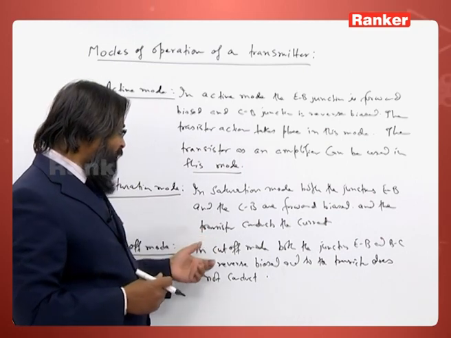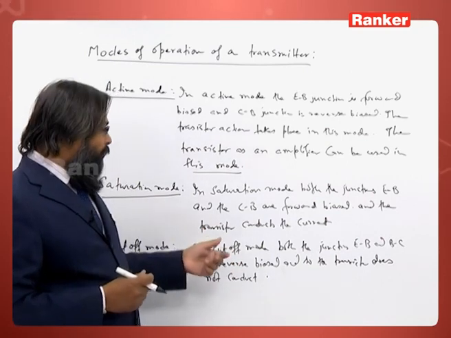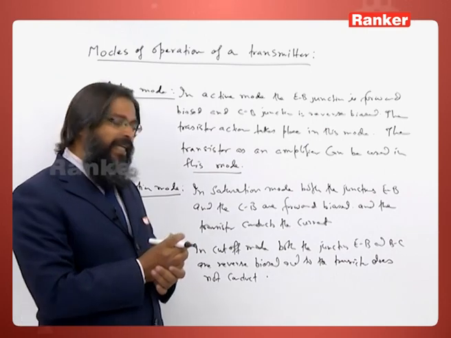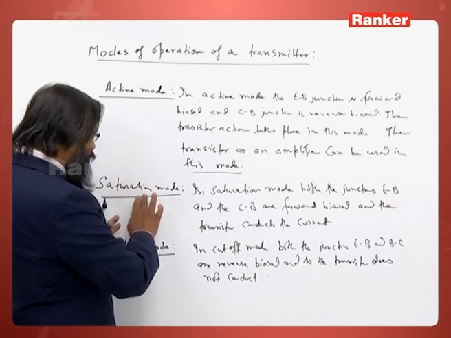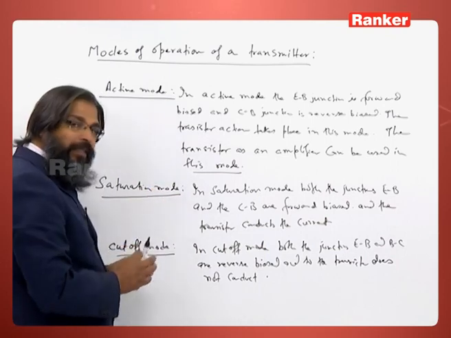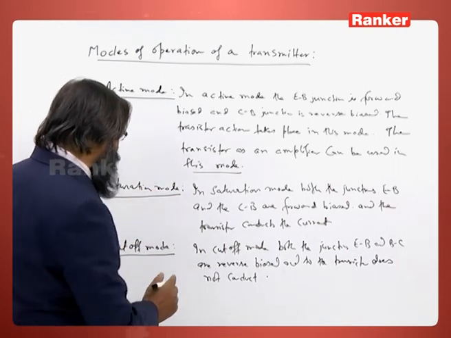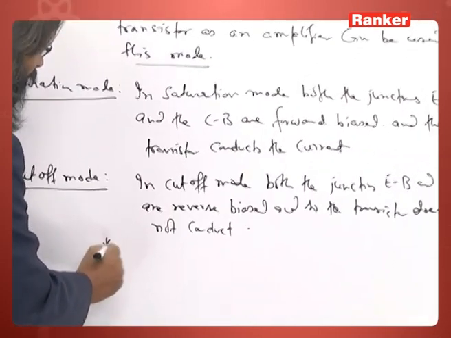That means at one stage it becomes cutoff mode. So, whenever a transistor is used as a switch, that means it is sometimes in a saturation mode and for another part of the signal it is in a cutoff mode. So, very important point here.